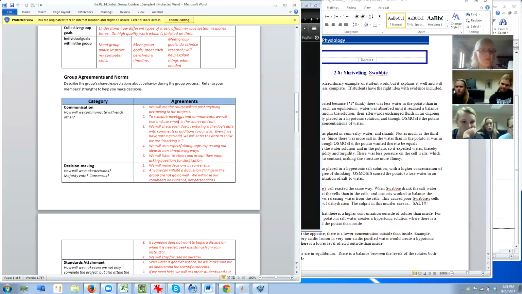For example, this category is communication. How will we communicate with each other? I have put 5 different things there. You will probably only have 1 or 2 things there. I put 5 to give you an idea of what could go there. Yours does not need to have that much stuff in it. Is that clear? And I don't want you to work harder at this than you need to.